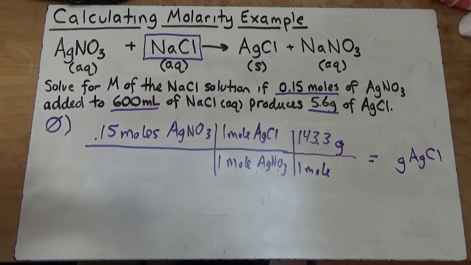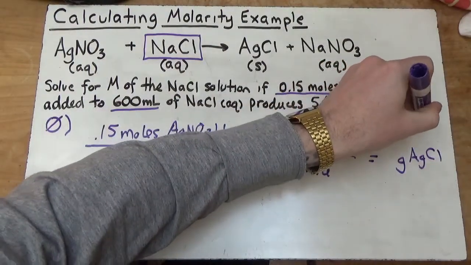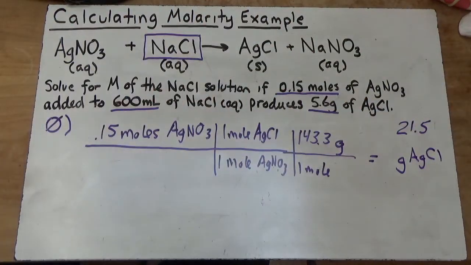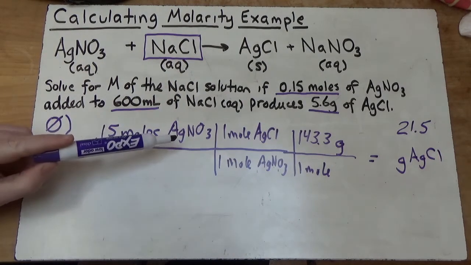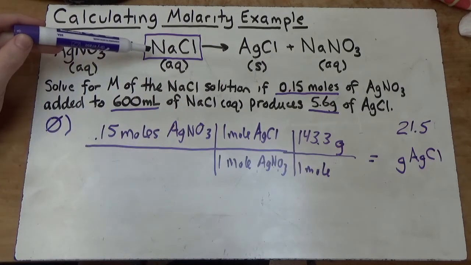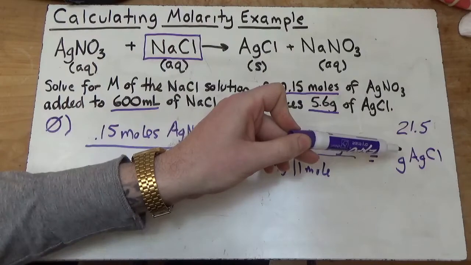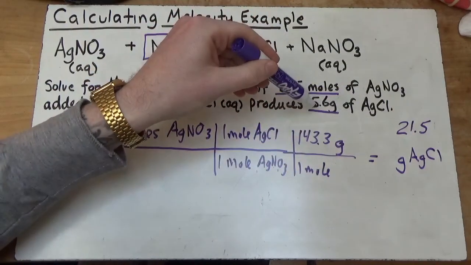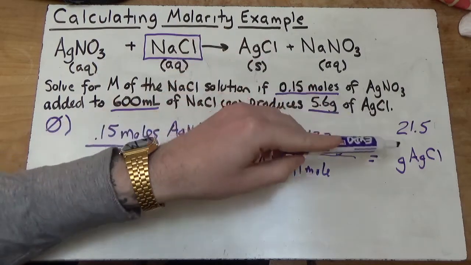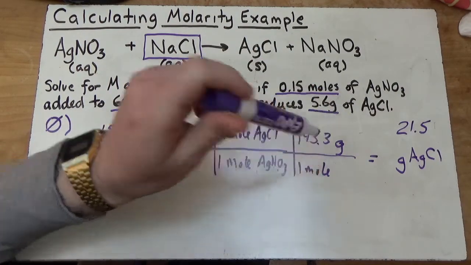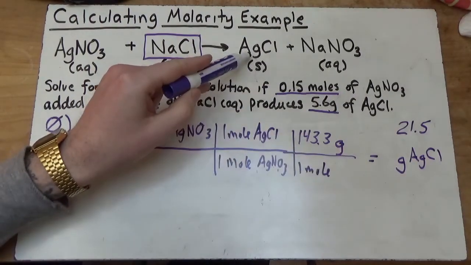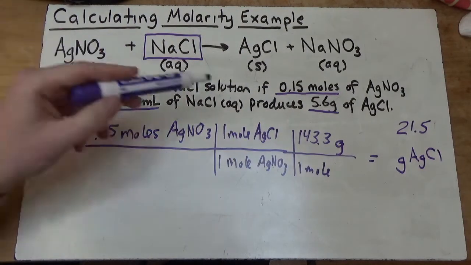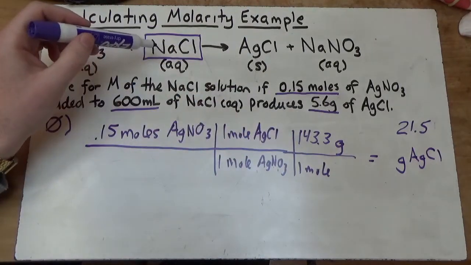When you do that, you're going to get 21.5 grams, which means if I had 0.15 moles of AgNO3 and infinite NaCl, I could produce this much AgCl. But we know that we actually produced much less than that. We produced only 5.6. So this is proof that NaCl is limiting. We could have made more silver chloride with the amount that we had, but we didn't make more because we ran out of sodium chloride.